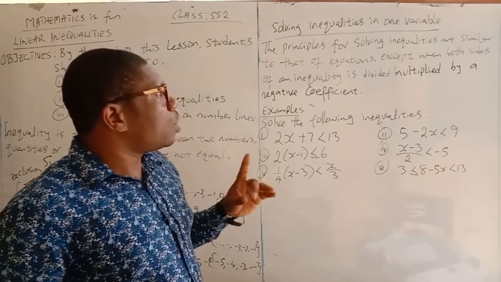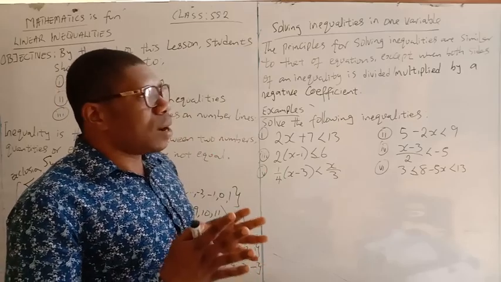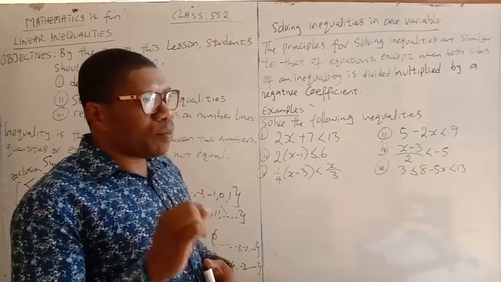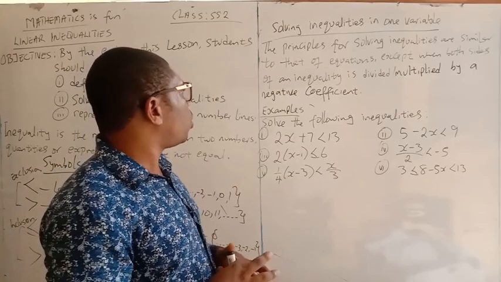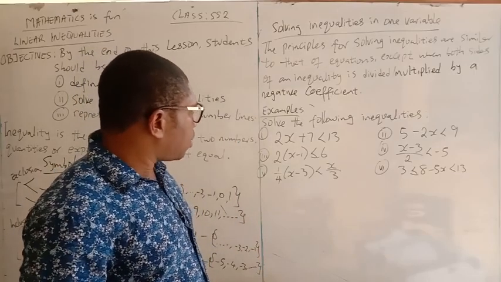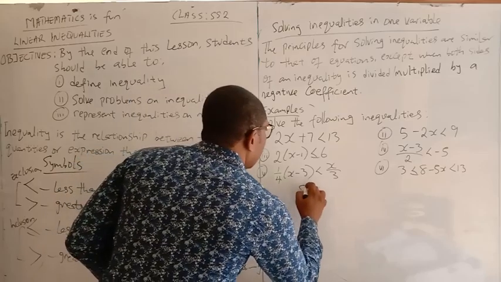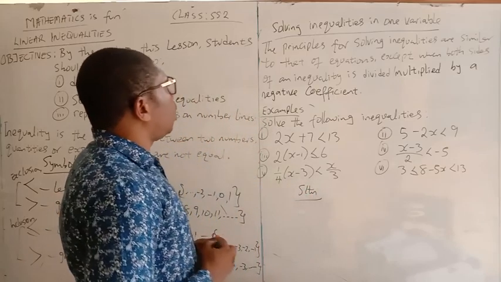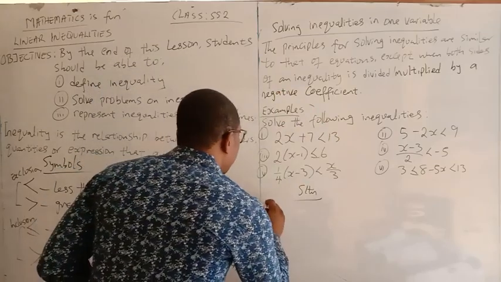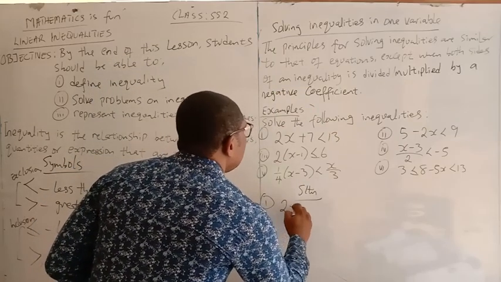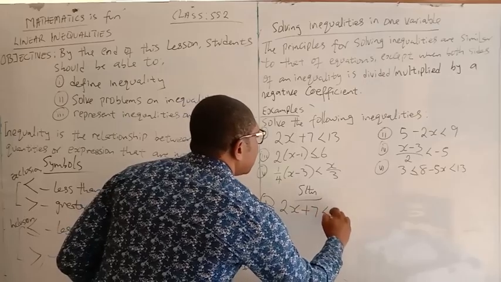The only exception is where you have a negative coefficient, you have to divide both sides by a negative coefficient. Let's look at these examples. Solve the following inequalities. 1, we have 2x plus 7 less than 13.